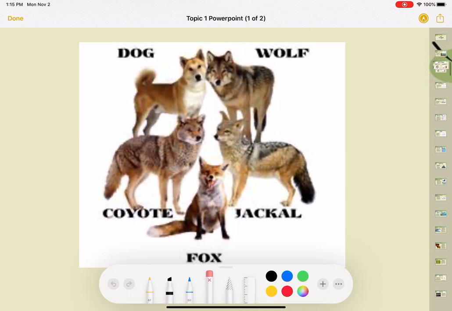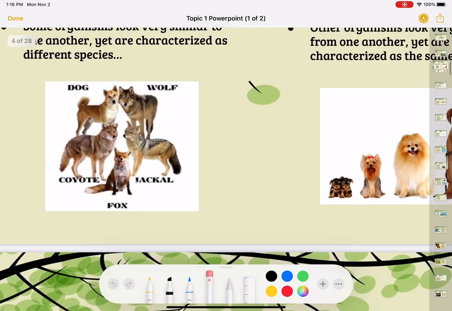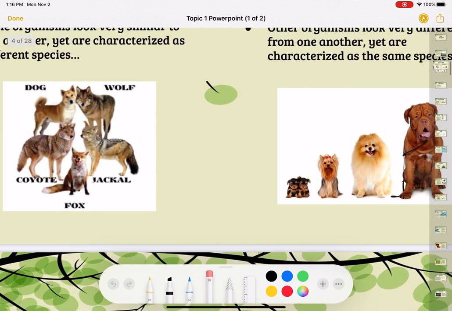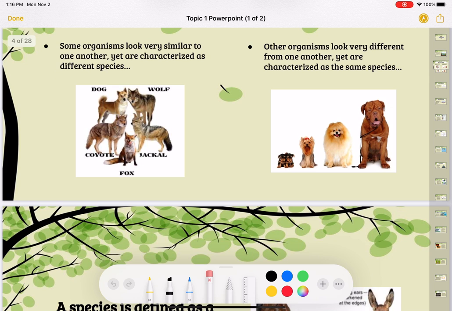If we try to mix some of these together, like a dog and a wolf, they can mate, but the offspring will not be fertile. Those offspring won't be able to reproduce, so they won't be able to have their own babies. That's the major thing that distinguishes a species from something that's not quite the same species.